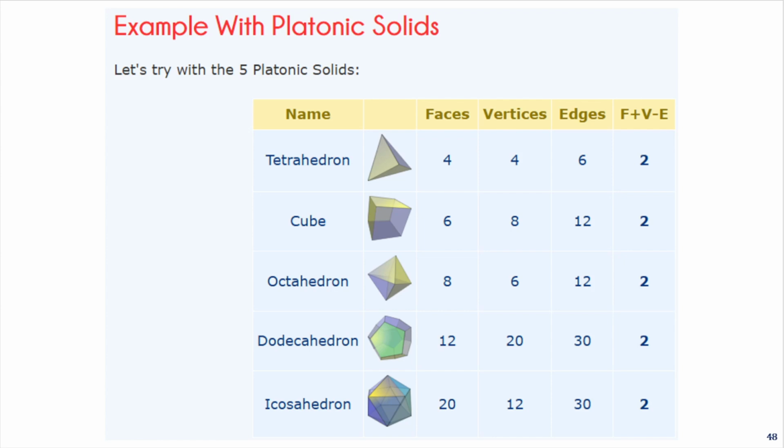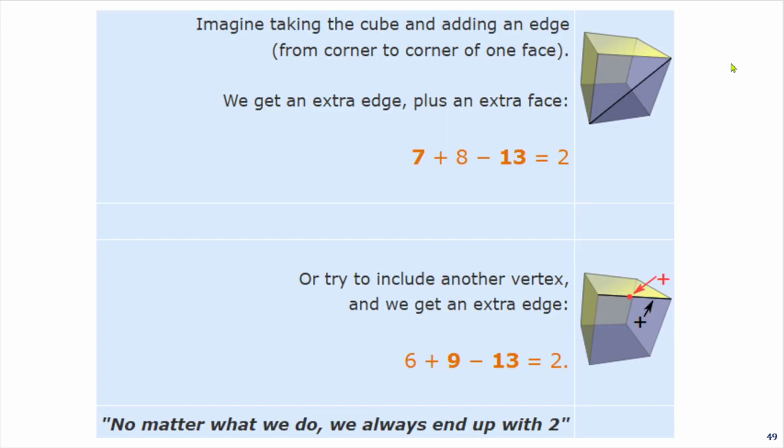Again, here I'm not going to give you a rigorous proof, but just briefly explain why. Imagine taking the cube and adding an edge from corner to corner of one face. Then we get an extra edge, right? Plus an extra face.